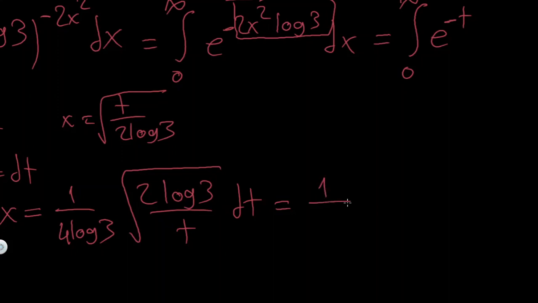So it's going to be 1 over 2, I have the square root of 2, and from this I will have 1 over the square root of log 3. So I can say 2 log 3, and I also have dt. Let's write it in the end: the square root of 2, t to the minus 1 over 2 dt.